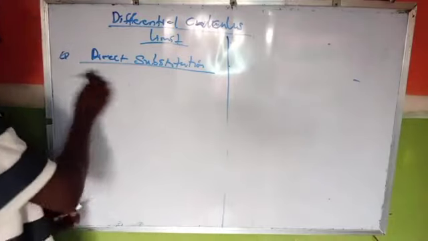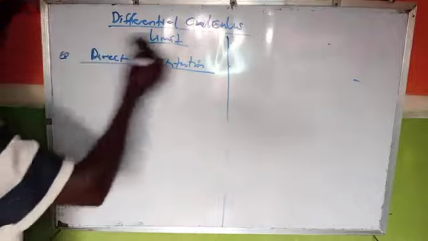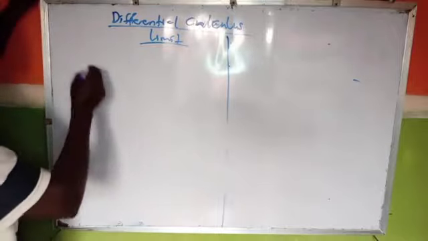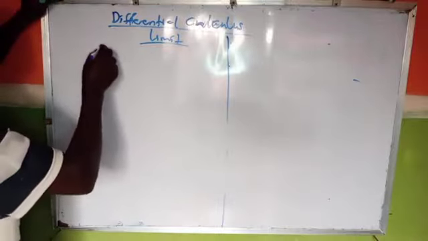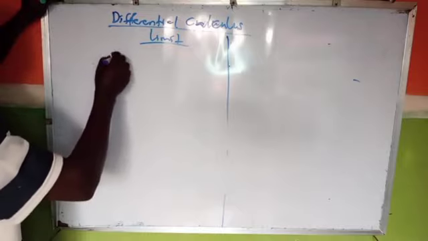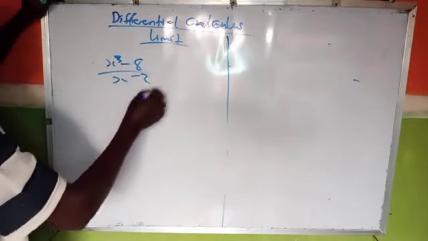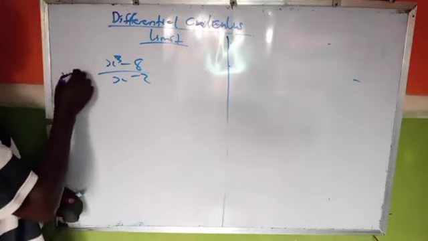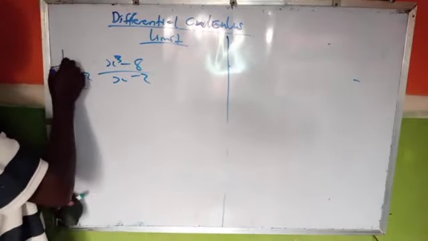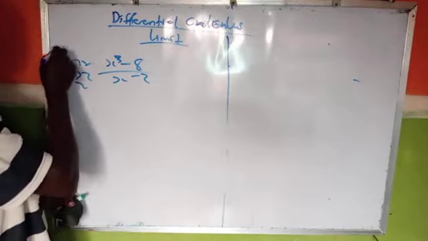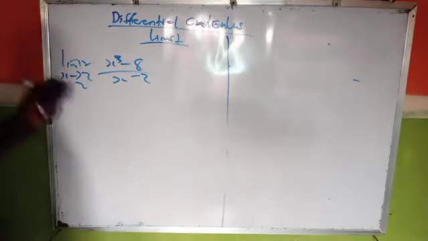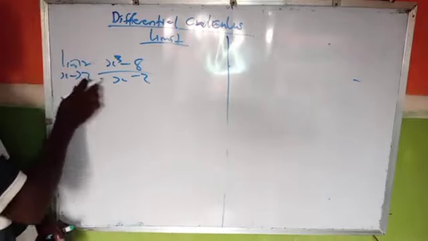So let's take another example. Look at this one. By the same factoring method, let's have x raised to power 3 minus 8 over x minus 2, as x tends to 2, the limit. There you have limit x tends to 2.